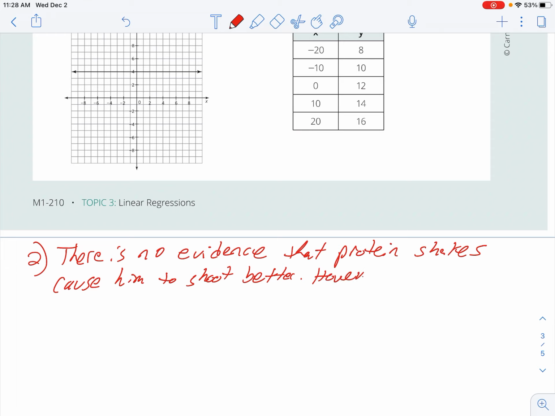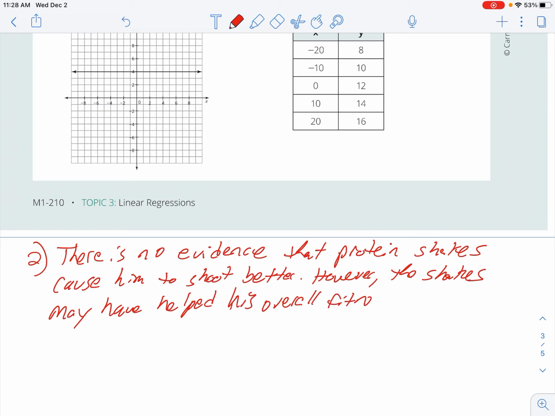However, the shakes may have helped his fitness level, which then may have contributed to playing better.